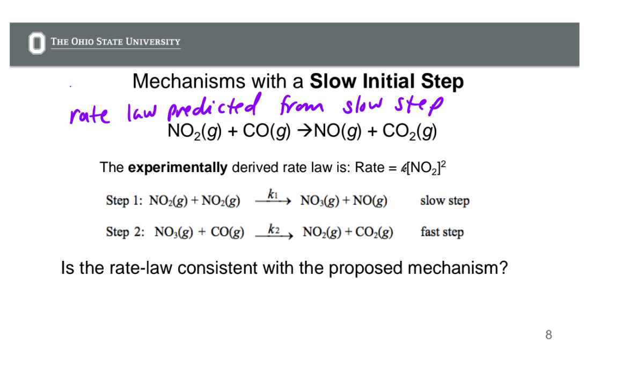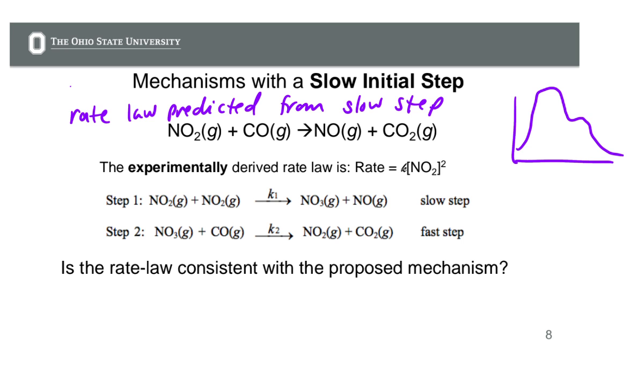Okay. And just to reiterate what we've been thinking about, a slow initial step, that's the one that's going to have the biggest activation energy, the tallest hill. Any steps past that, second step, if there's a third step, they're going to have much smaller activation energies. Okay.